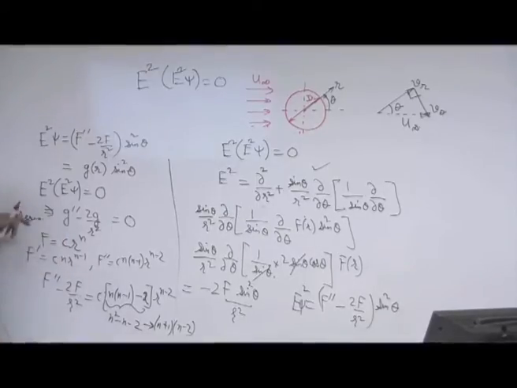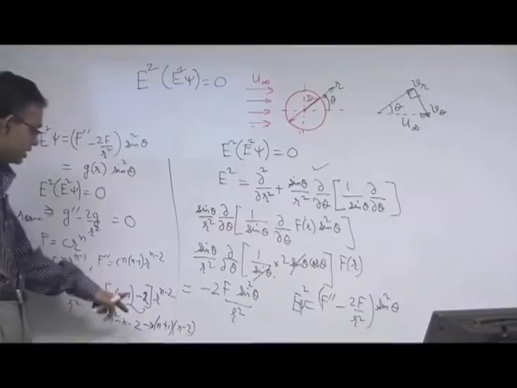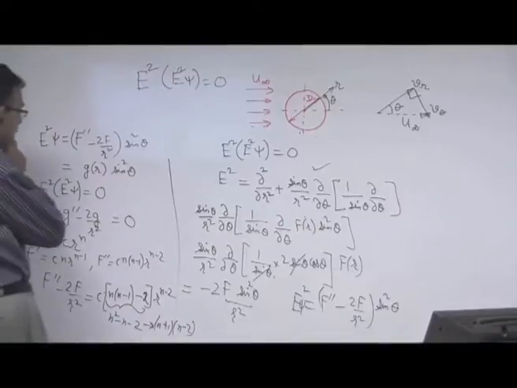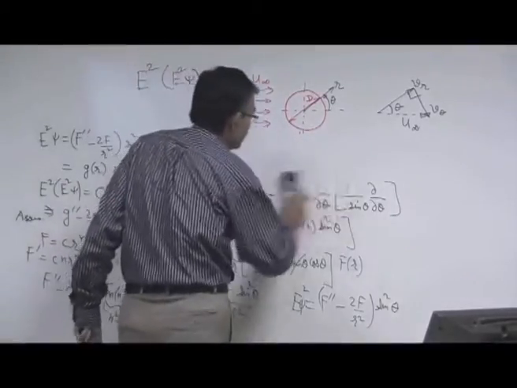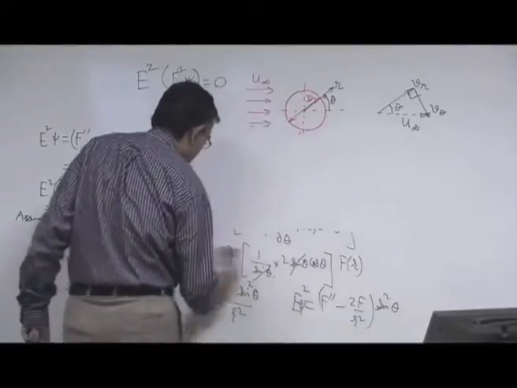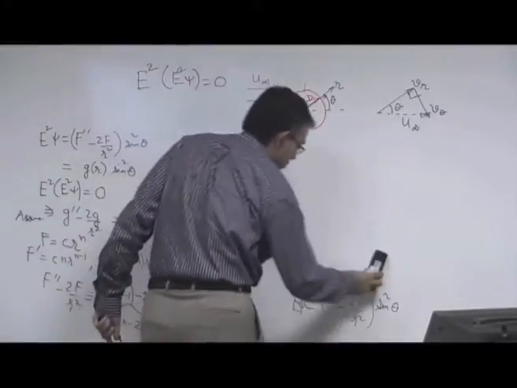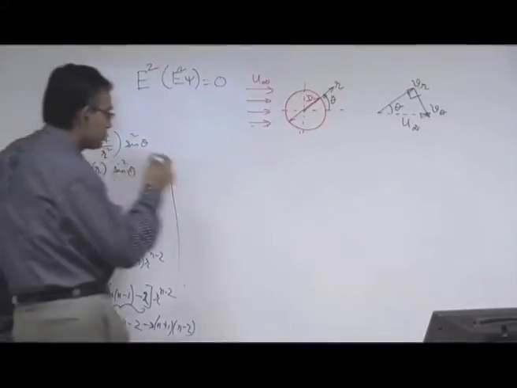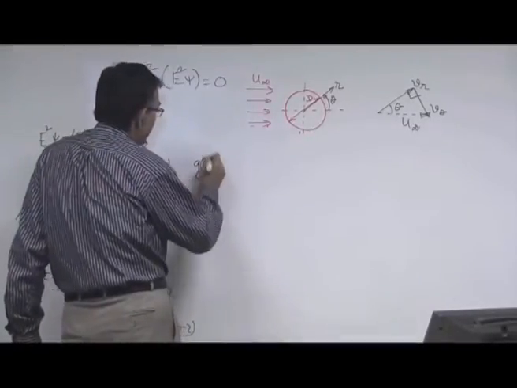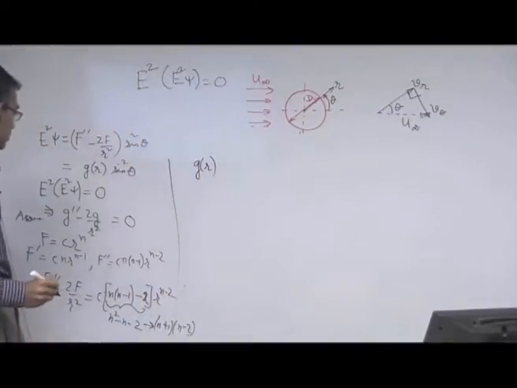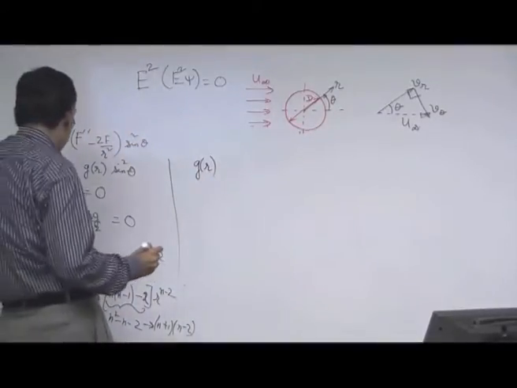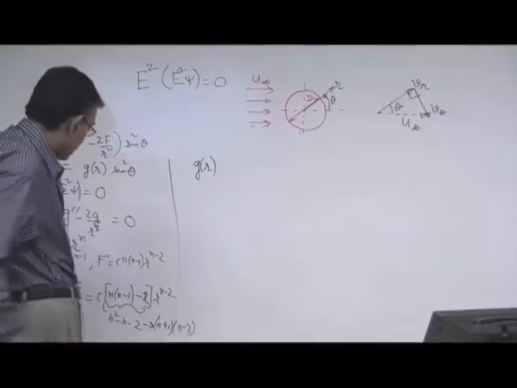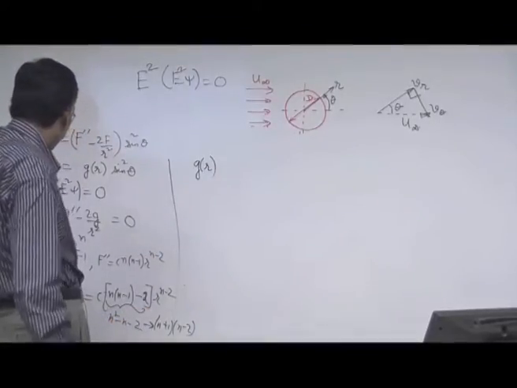So, now what is g? G is this one. So, g of r is equal to what?